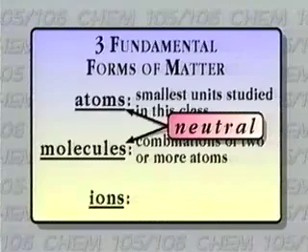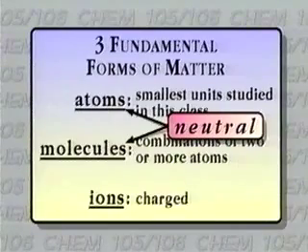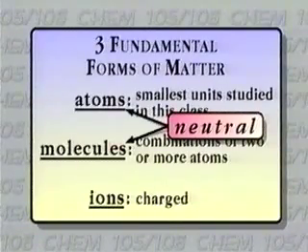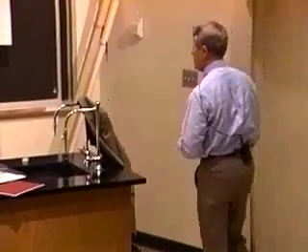In contrast, ions are non-neutral, or we say charged objects. In other words, they're going to have either a positive charge associated with them or a negative charge associated with them. Atoms and molecules are electrically neutral. They're neutral pieces of matter.